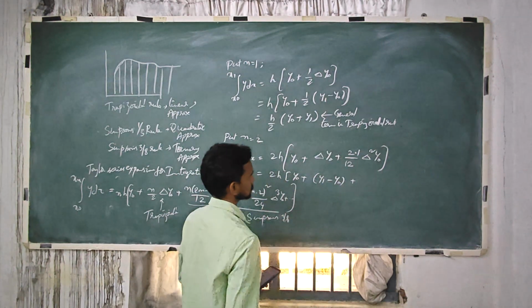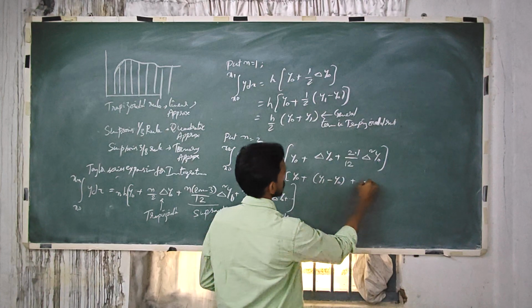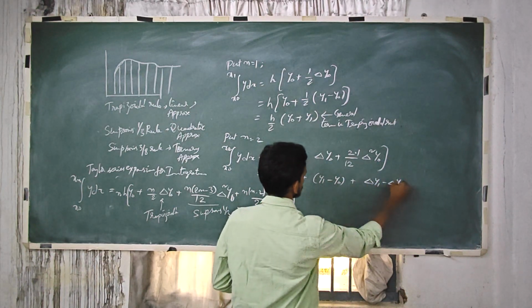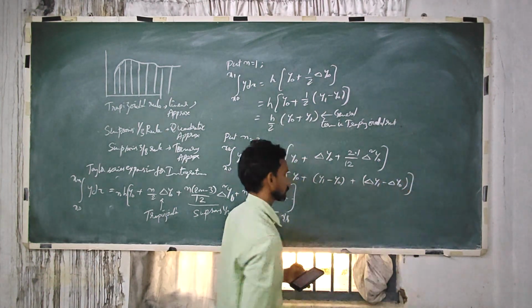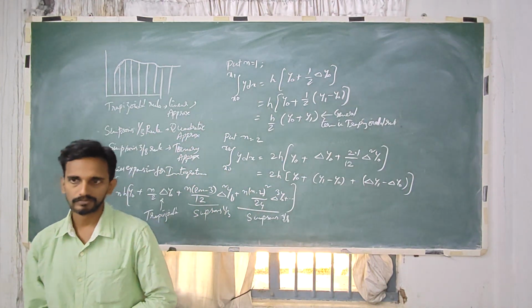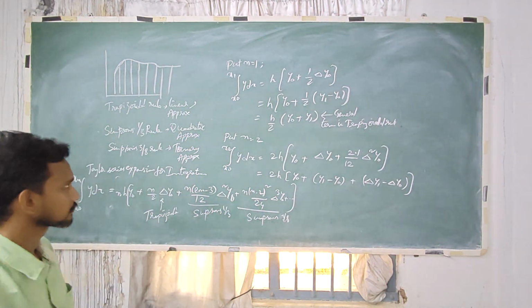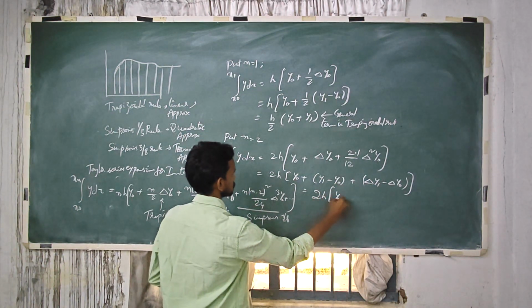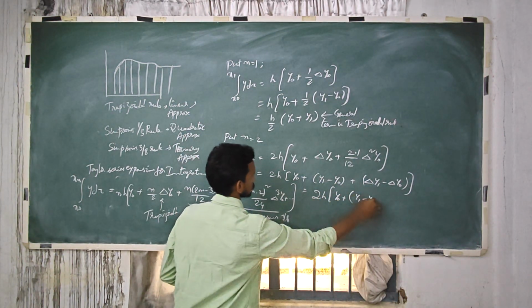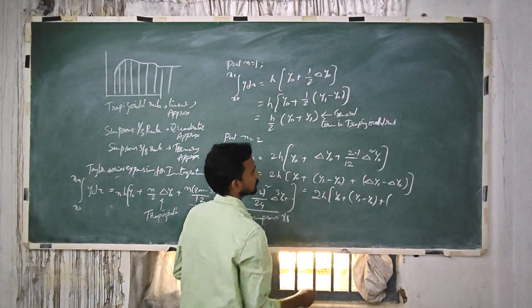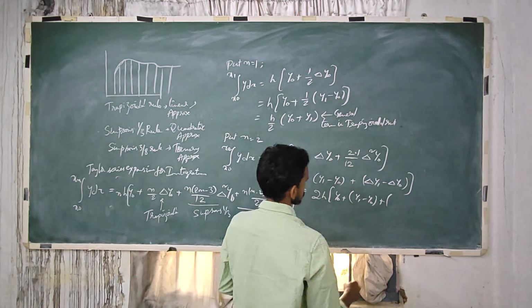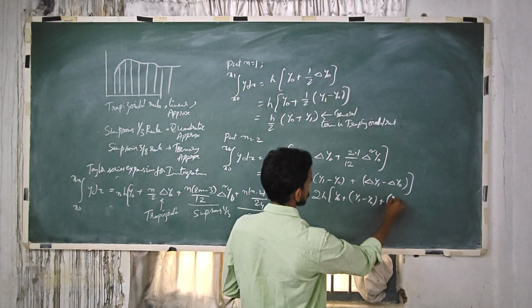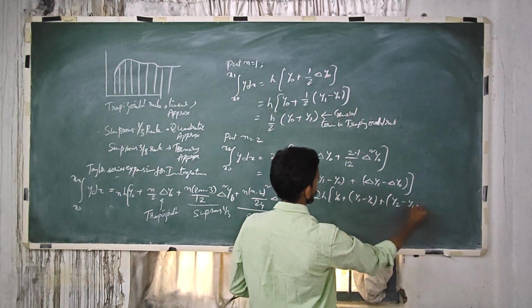So this is delta y0, and you get delta y1 minus delta y0. So what is that? 2h times y0 plus y1 minus y0 plus delta y1, which is y2 minus y1.